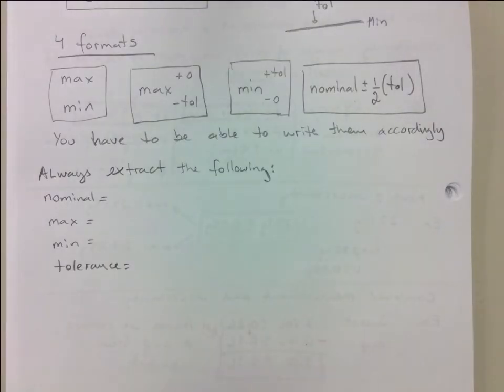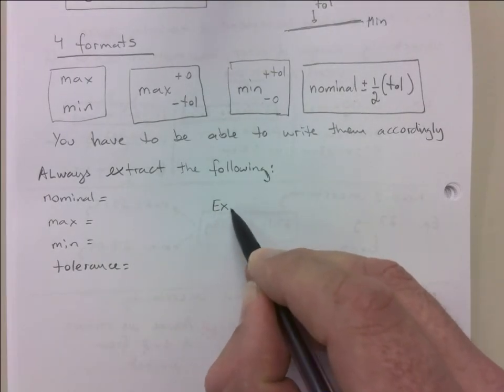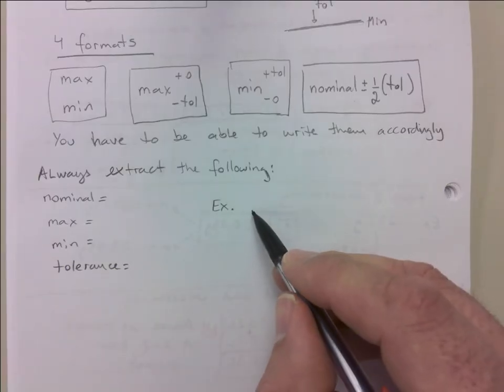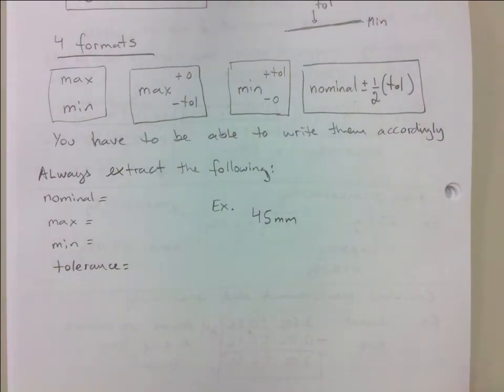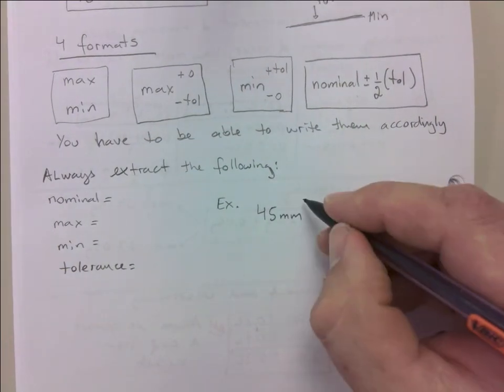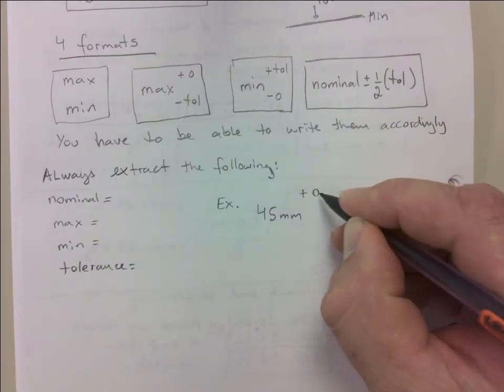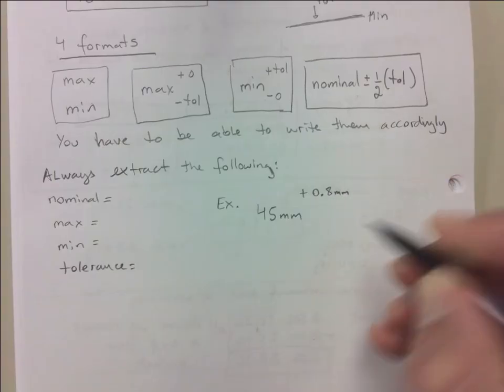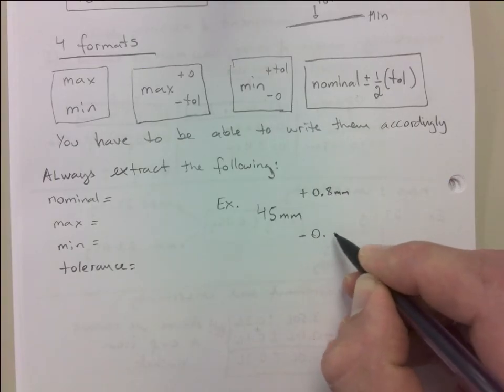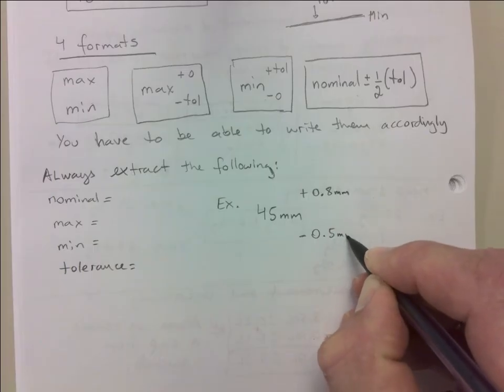Okay. So example, I'll give you the example. It's annoying when they do that to us, but the province has done it. So let's say 45 plus 0.8 millimeters minus 0.5 millimeters.